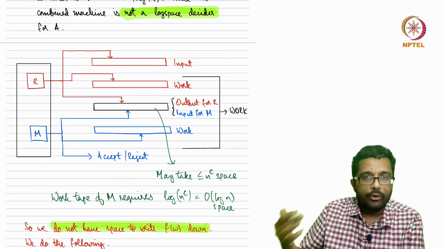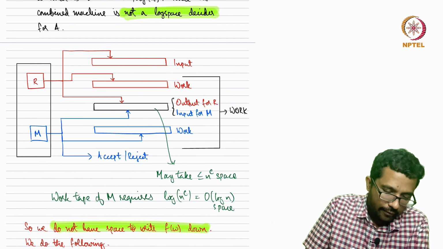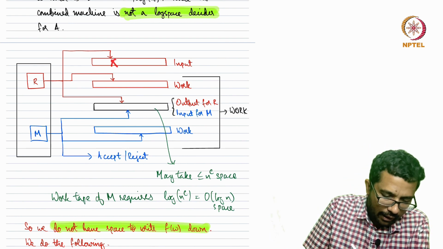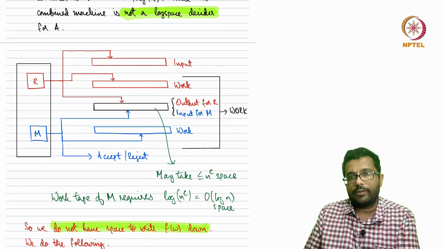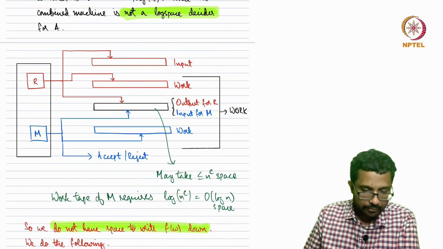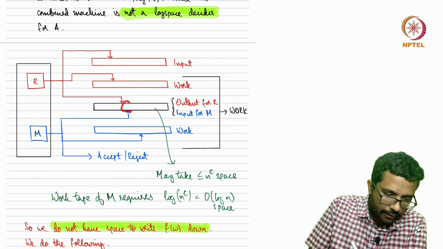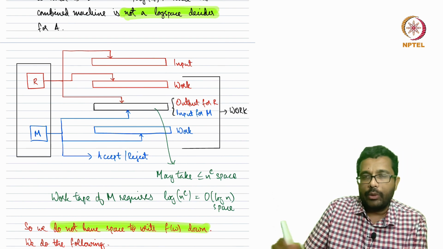We don't even store any of these things. We just run R till we produce the 10th symbol of the output, which is the 10th symbol of the input of M.